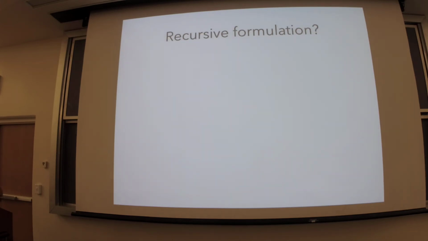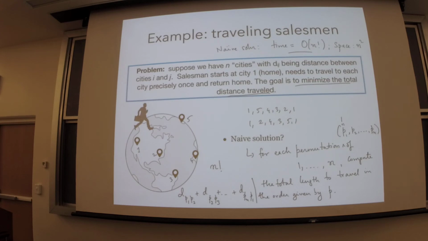So let me add a new slide and just note it down as a possible idea. Candidate 1: visit the closest unvisited node.